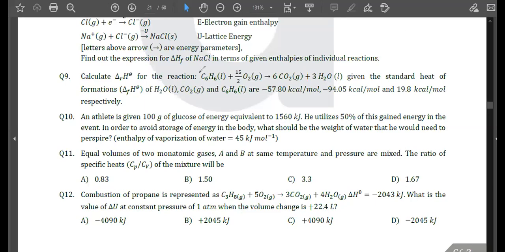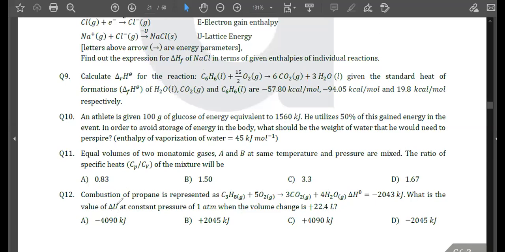Question number 12. Tell me. Easy. Basic formula putting. Delta H is given, right? Delta U you have to find.